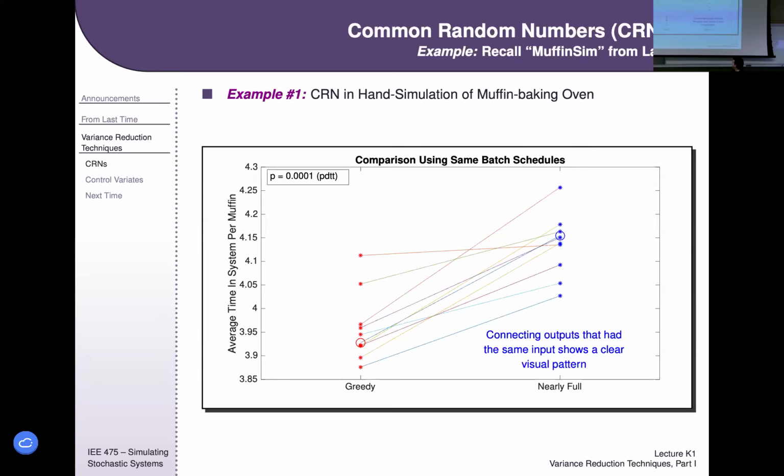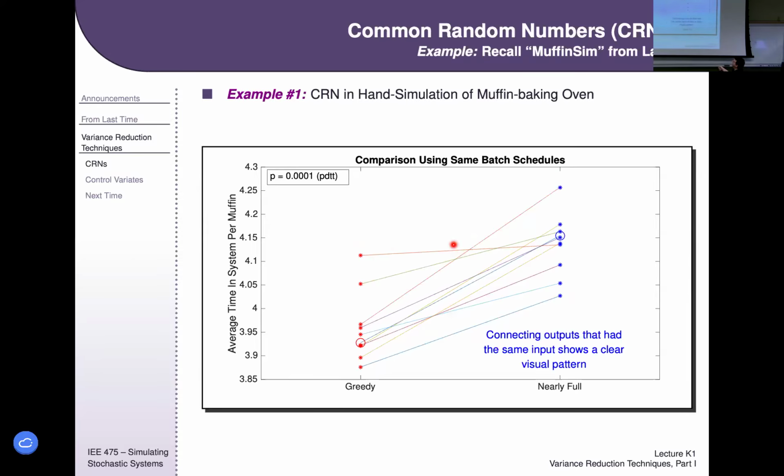But when I pair them, I see that for every customer group, or for every batch group that comes in, these are all positively sloped. So for every batch, it just happens to be that nearly full takes longer than greedy.